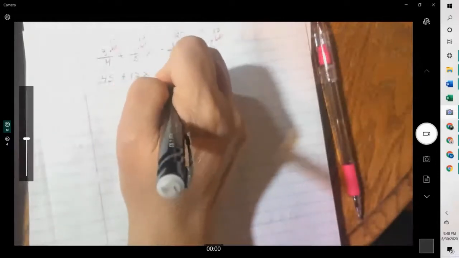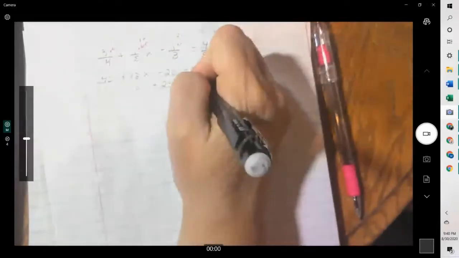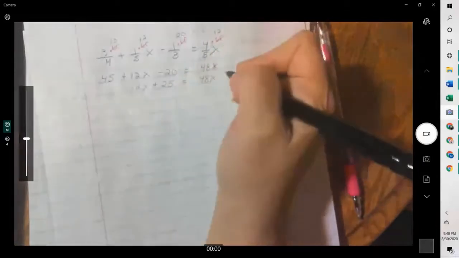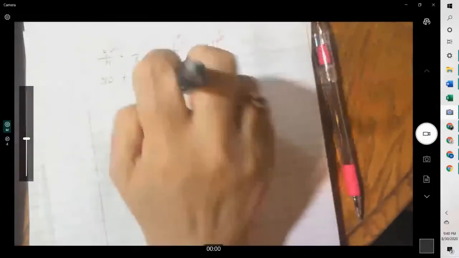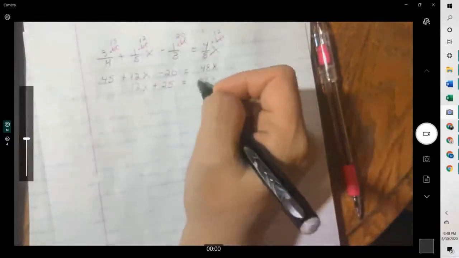Combine your like terms before you start moving things around. So 45 minus 20 is 25. And then subtract the 12x over. Since this x is already by itself, I'd bring the 12x over to it.